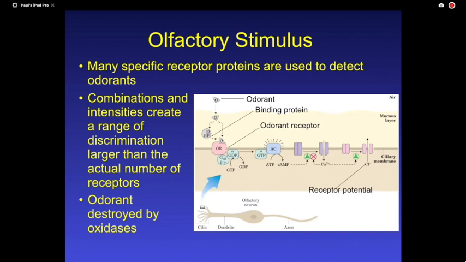Negatives flow out, so it becomes more positive on the inside. Okay. All right. You can see to stop this, you've got to get calcium down, because once calcium is down, this will close. I've got to pump chlorides back in.